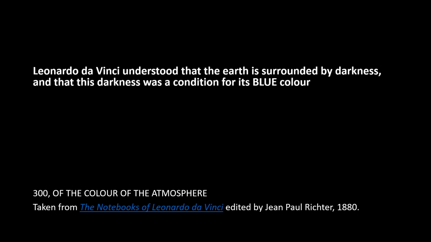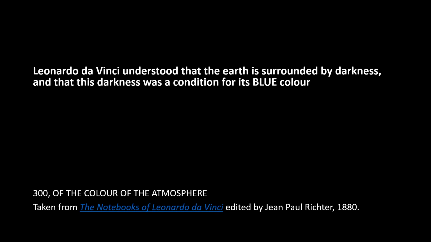It may seem obvious, because we have the day and the night, and during the night the sky is all black, but it's still not completely evident that in the 15th century, somebody would say, of course, we live on a planet which is surrounded by darkness. Maybe it seems obvious, or maybe not. Some people thought the Earth is flat, so why should it be surrounded by darkness?